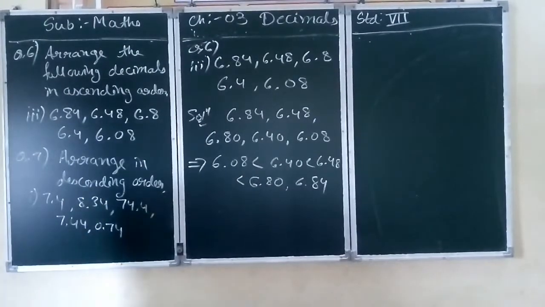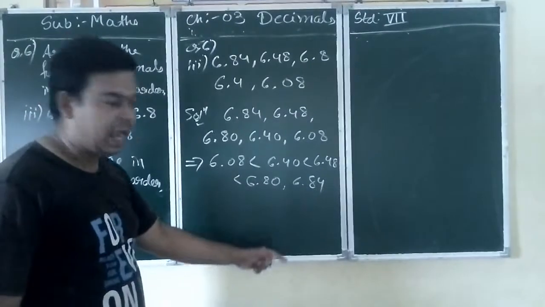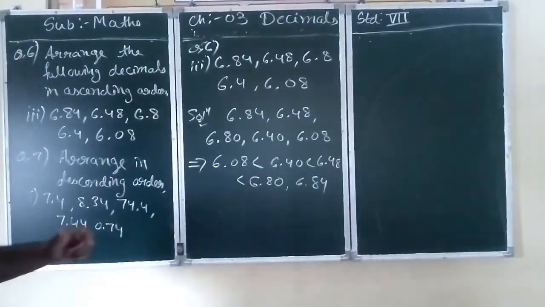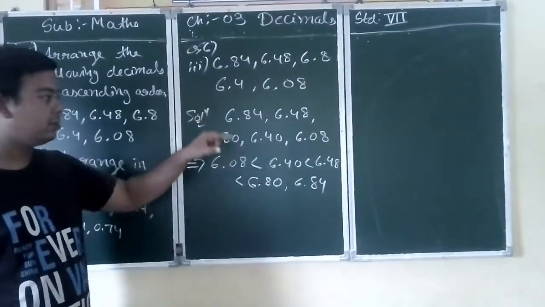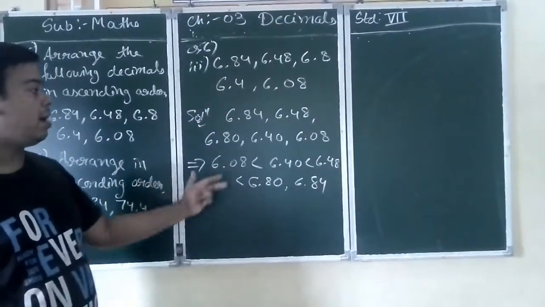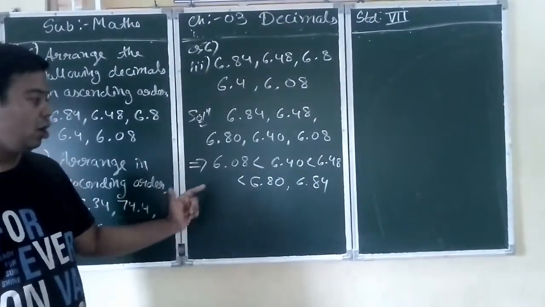So in ascending order: 6.08, 6.40, 6.48, 6.80, 6.84. This is the way to arrange decimal numbers. First of all, we change them into like decimals. Then we compare and arrange in ascending order, smaller to greater.